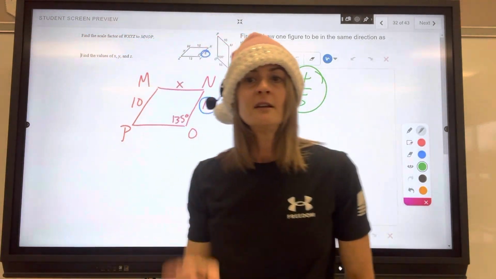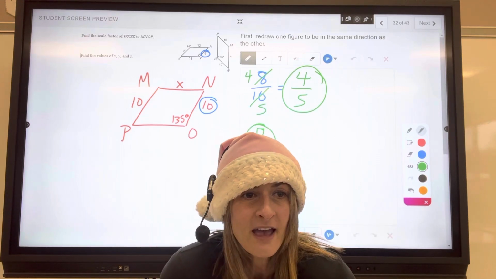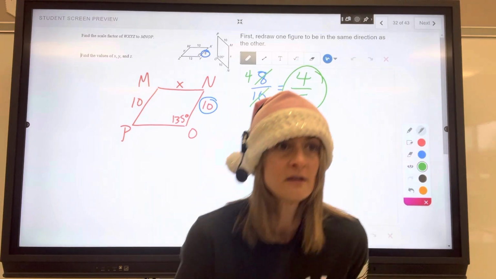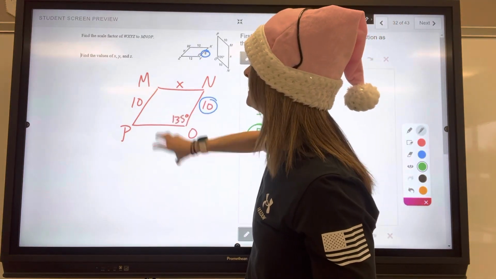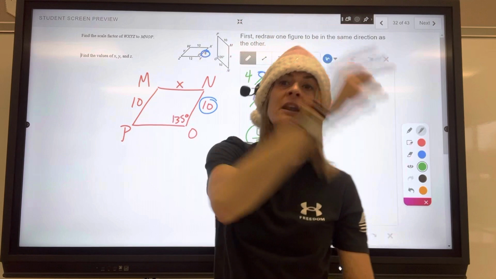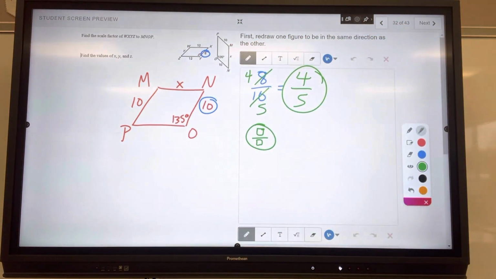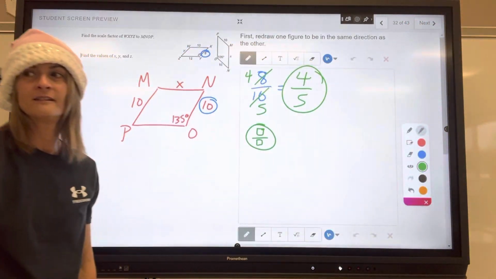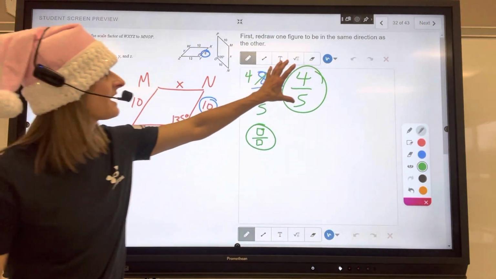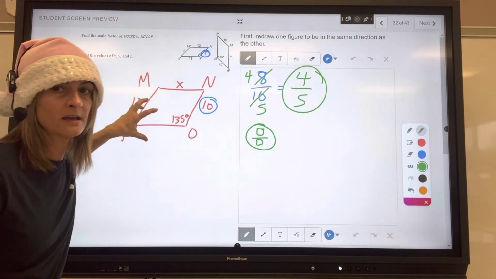Question: if the problem had said, what is the scale factor of MNOP to WXYZ, then what would the scale factor be? This is the scale factor of WXYZ to MNOP.